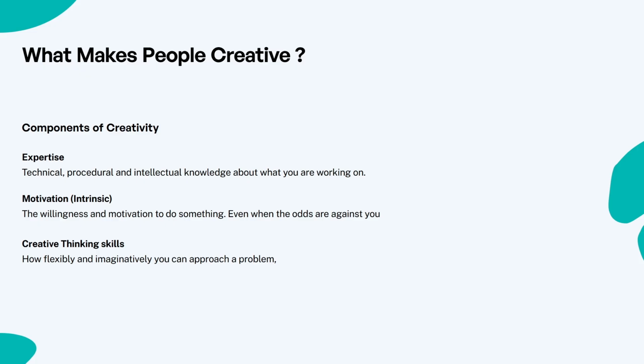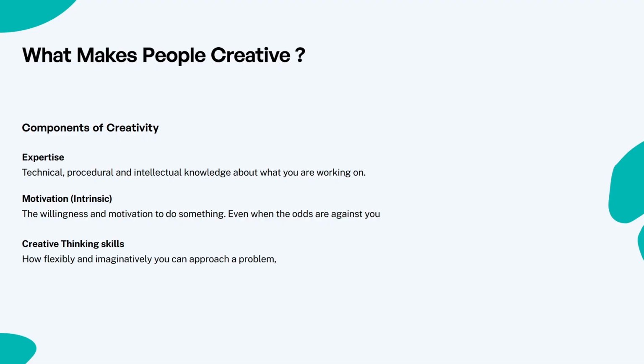Technical, procedural, intellectual knowledge about what you're working on. So if you were to come up with an idea that's going to work, and a unique idea, the first thing you need to have is expertise. If you're going to come up with this revolutionary software platform, well, you need to have a software engineer on your team, or you need to be a software engineer yourself, right?